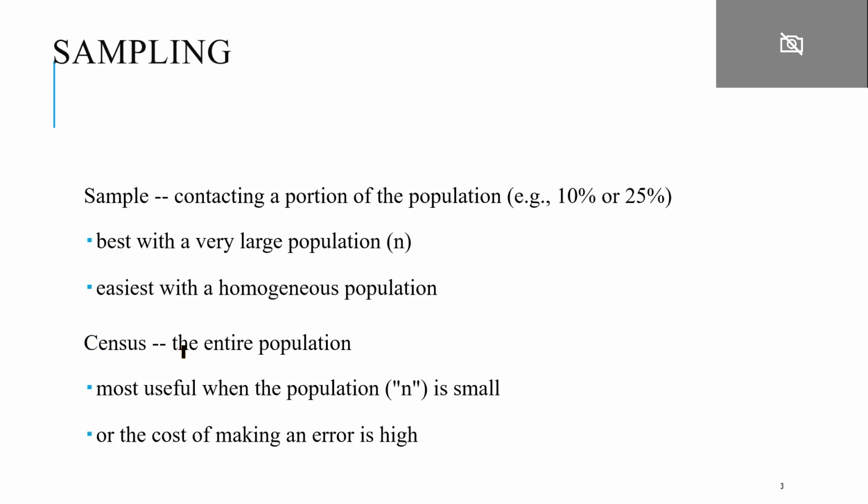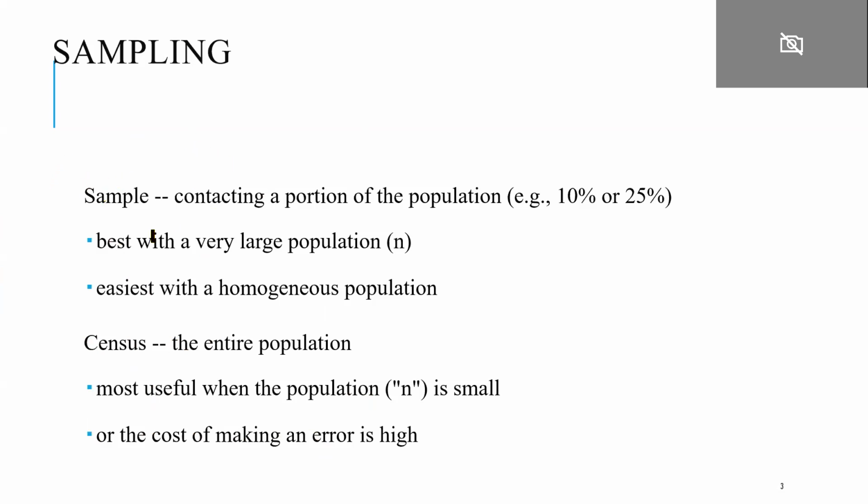But what is a census? A census is performed on the entire population. It is most useful when the population is small or the cost of making an error is high. Under what situation will you perform a sample, and under what situation will you perform a census?